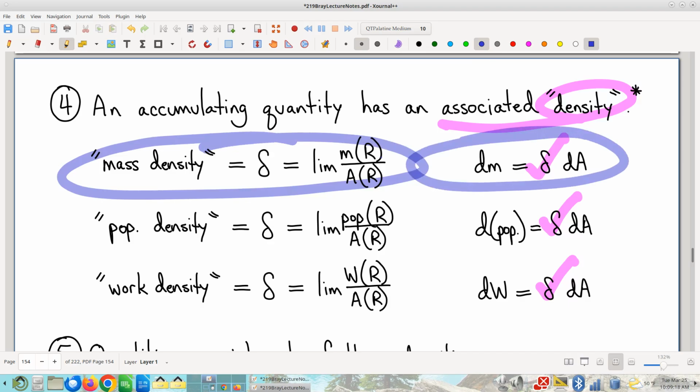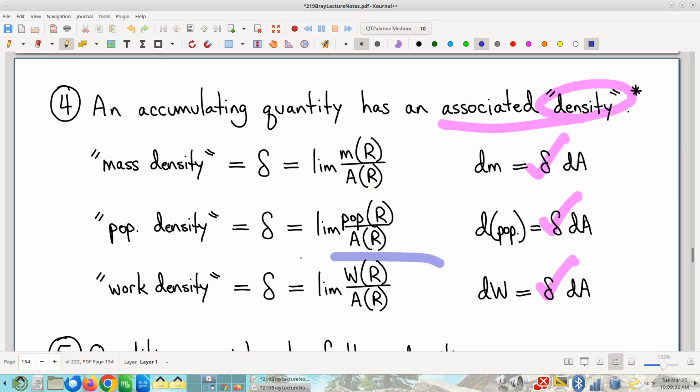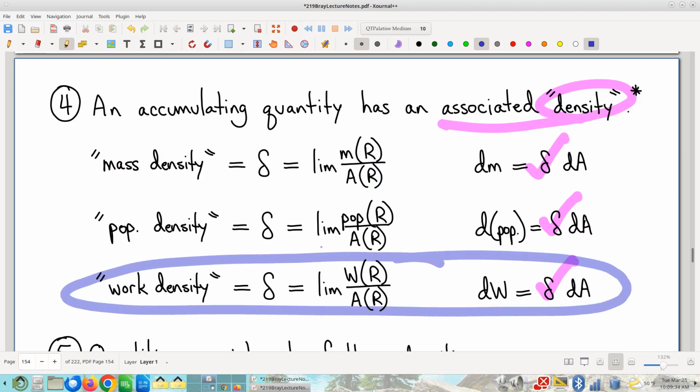Y'all have seen that a million times, even back to single variable calculus classes. Stuff per unit size is the thing you multiply by size to get stuff. I mean, again, we've done it a million times, but we can do it as well for much less relatable ideas, like work. Right? We don't think of work as being a physical stuff, like a substance, but it behaves like it, so you can treat it like it and think of it like it. So really, really neat idea.